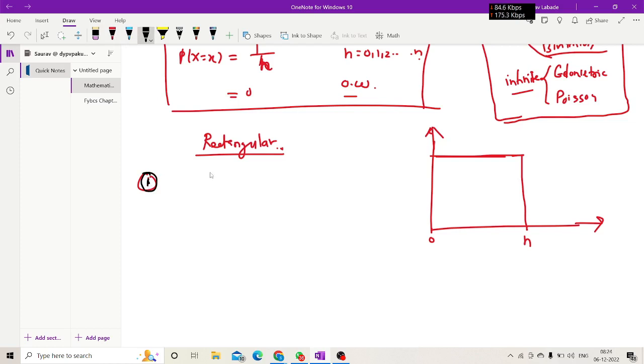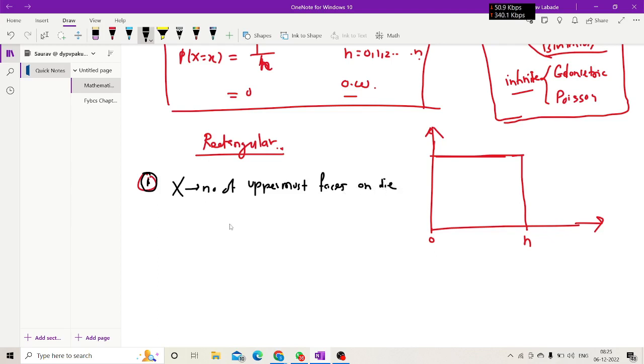Six faces, right? So suppose I am considering X as the number of uppermost faces on a die.